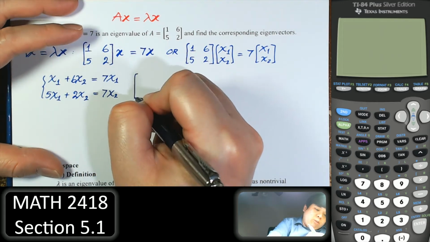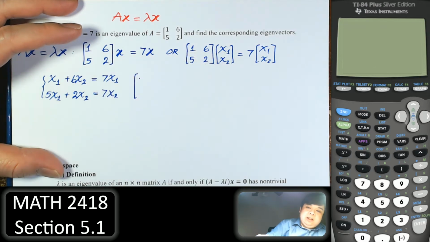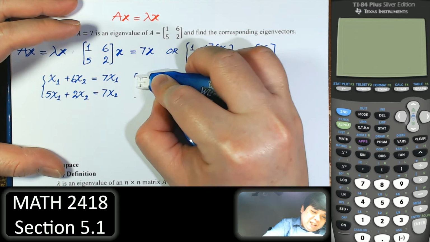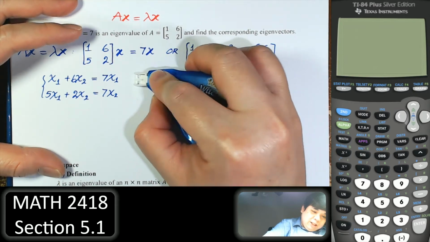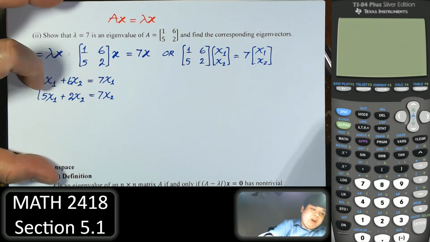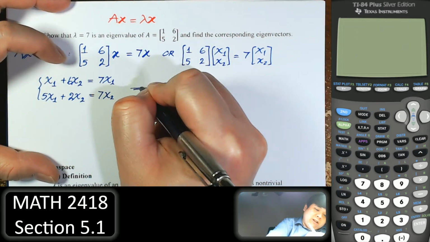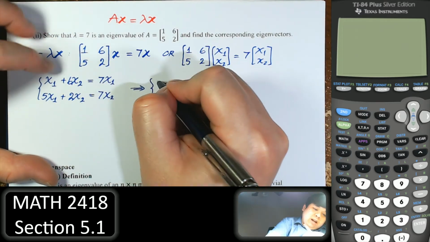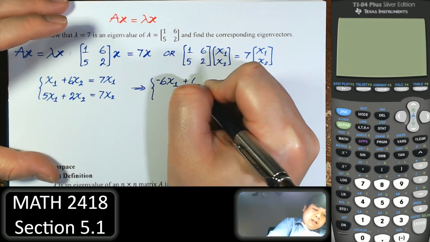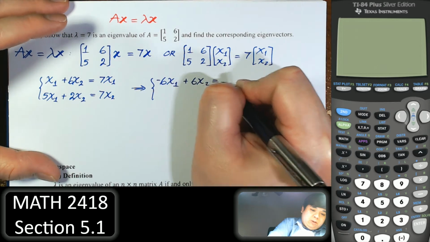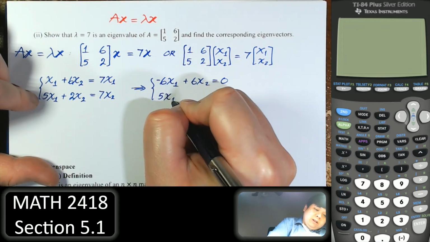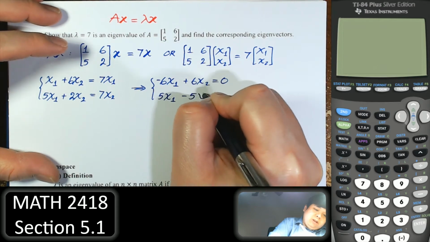Then we have the augmented matrix. I'm sorry, we don't have it yet, because we have the variable on the left hand side, so we move the right hand side to the left by subtracting 7x1 on the other side. So we should have negative 6x1 plus 6x2 equal to 0, and 5x1 minus 5x2 equal to 0.